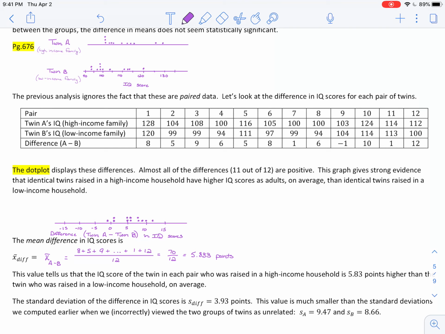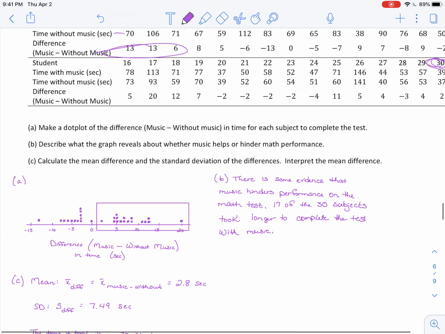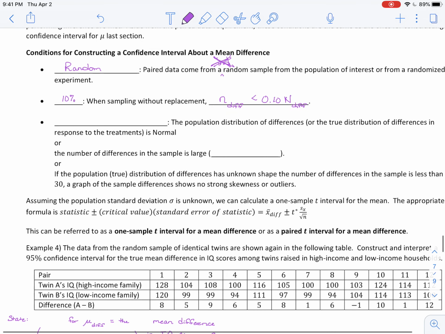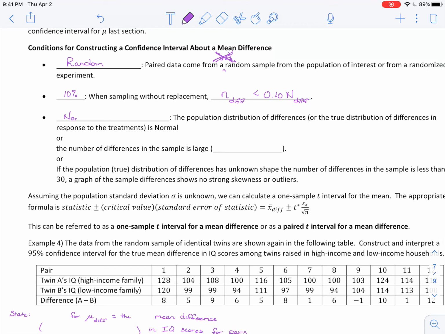So 30 students had 30 differences, or you could think there were 12 pairs of twins. So yes, 24 people, but there were only 12 differences. Again, this is not a two sample t interval we're creating. This is just looking at the number of differences and coming up with an interval for this true difference in this paired data. So paired data is really important. Still got to check the normal large sample condition.